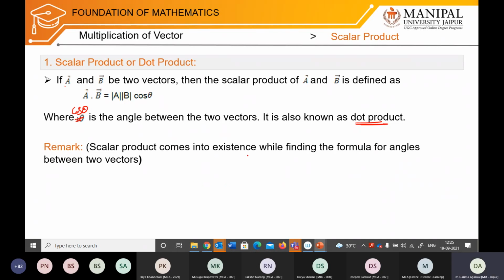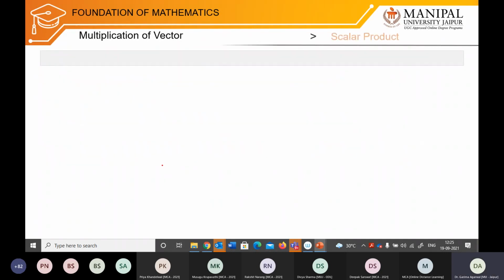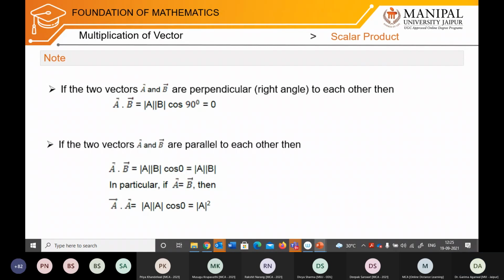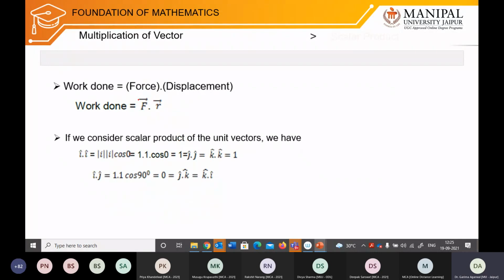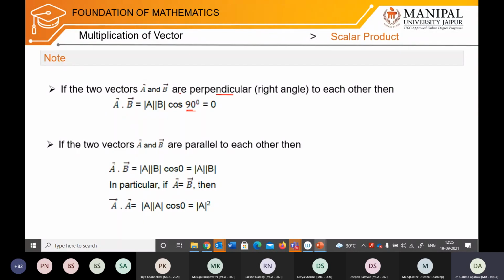The scalar product comes into existence while finding the formula of the angle between two vectors. If two vectors are perpendicular, then theta will be 90 and cos 90 is 0, so A dot B will be 0, right?